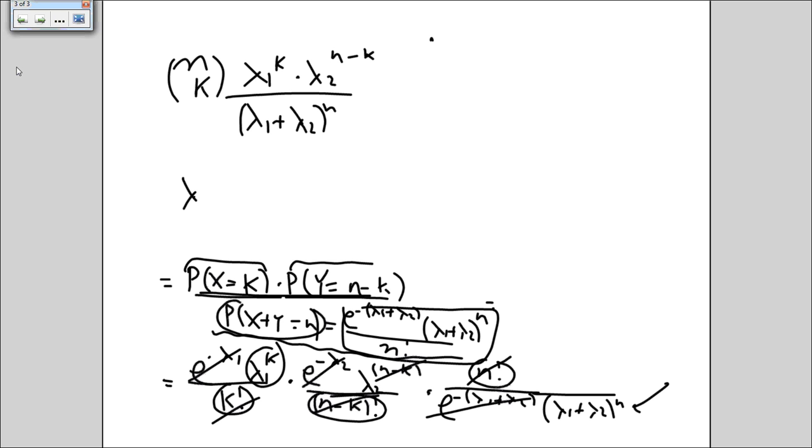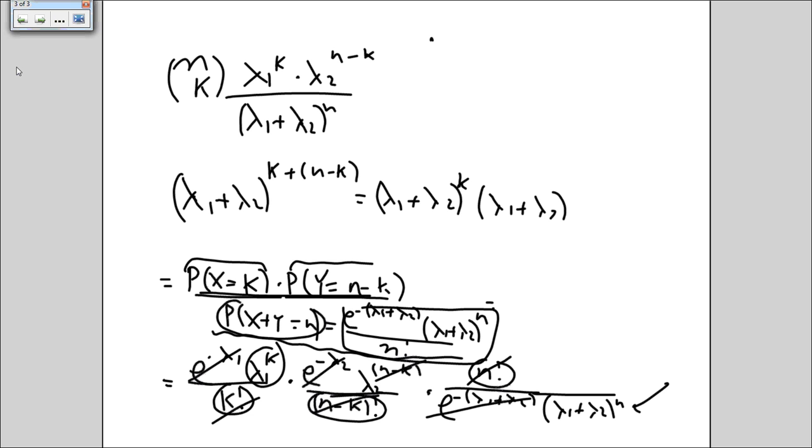But the power n, in lambda 1 plus lambda 2 to the n, is the same as k plus n minus k, which is the same as lambda 1 plus lambda 2 to the k times lambda 1 plus lambda 2 to the n minus k.